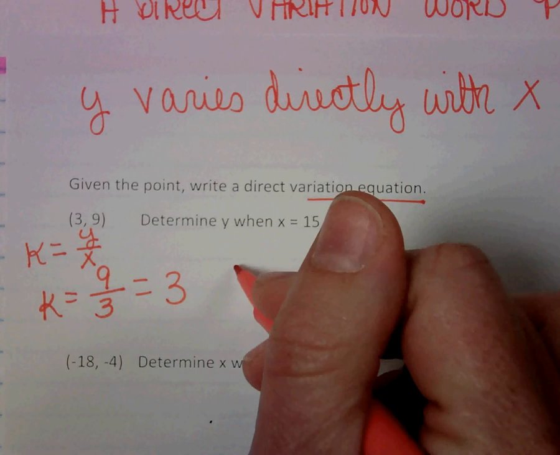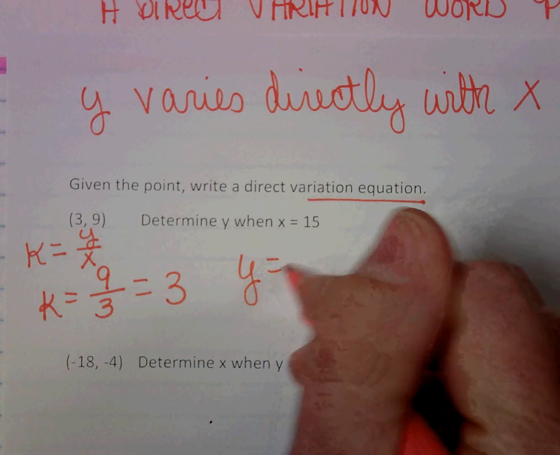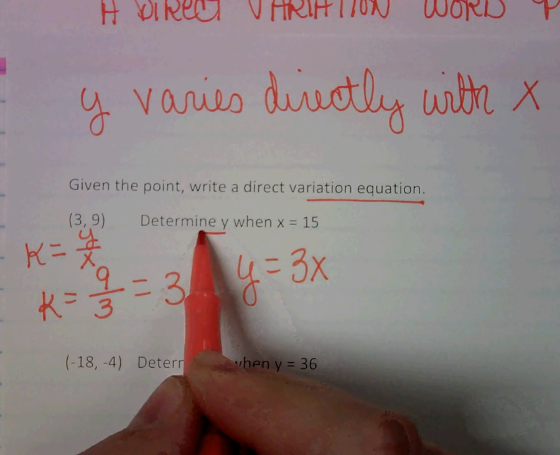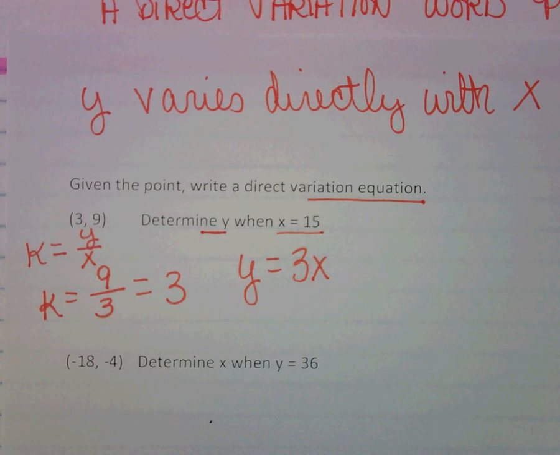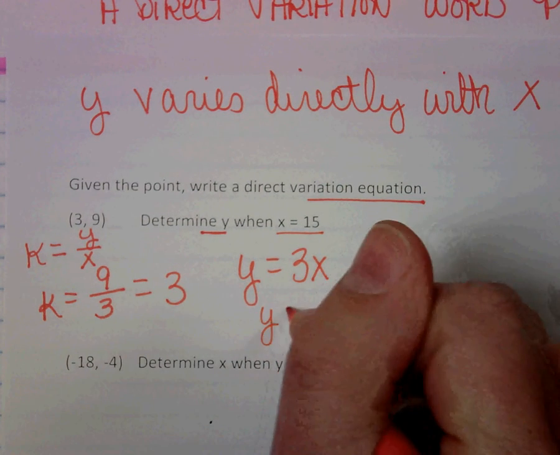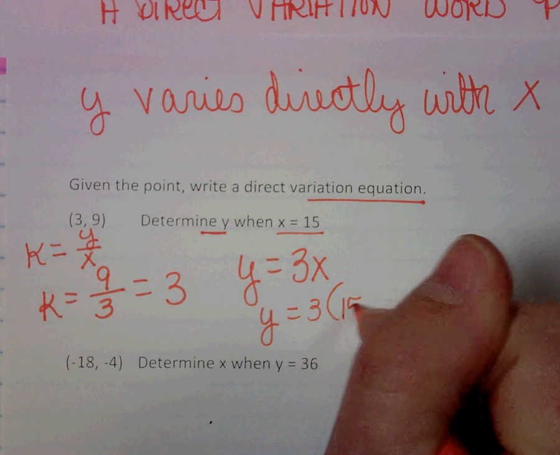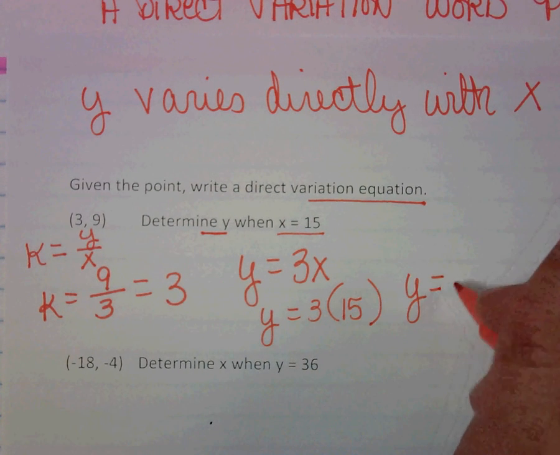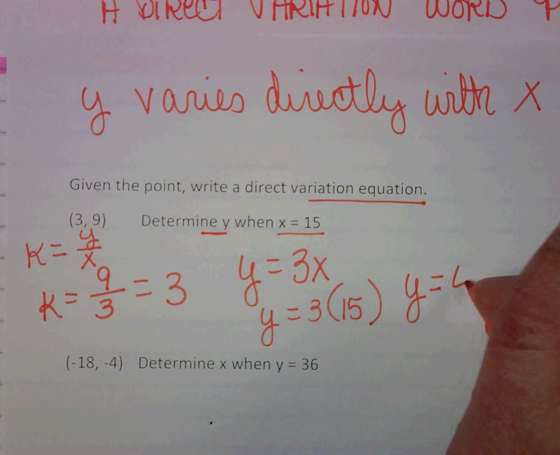So my equation is y equals 3x. Simple as that. Now it says determine y when x equals 15. So wherever we see an x, we're going to simply plug in 15 for x and calculate it. So we get y equals 3 times 15 is 45.